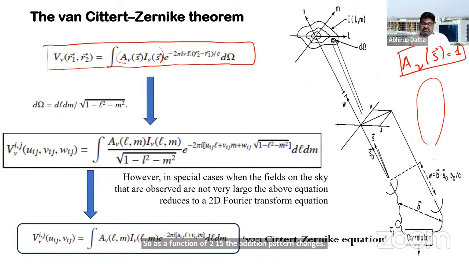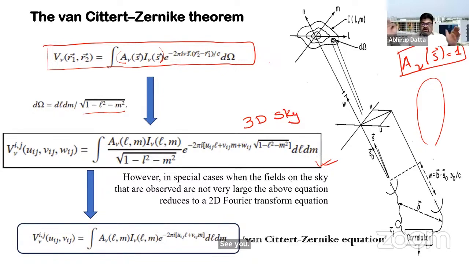So if we put all of them together with the actual expressions of L and M, we can recast the expression on the top into this huge cumbersome expression in the middle, which is true for a three-dimensional sky, where there is no assumption about the extent of the field of view, and it takes care of the curvature of the Earth and the curvature of the celestial sphere.